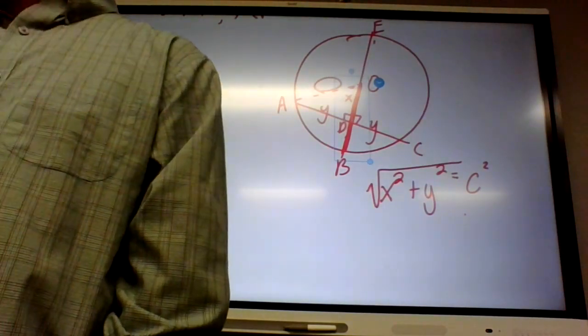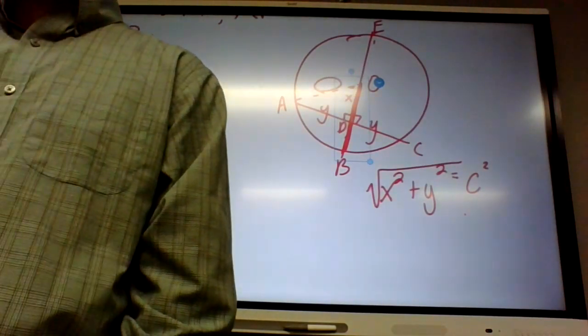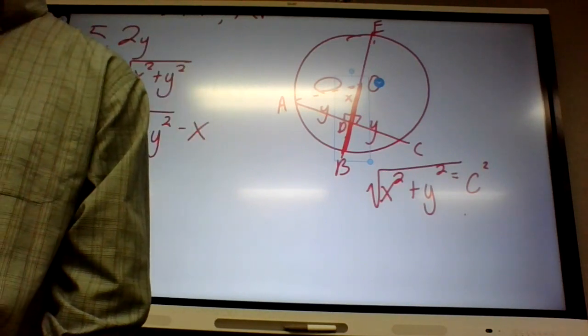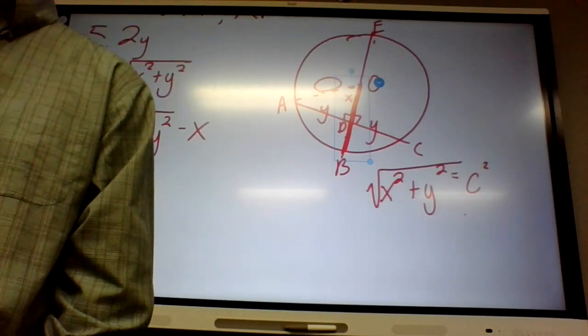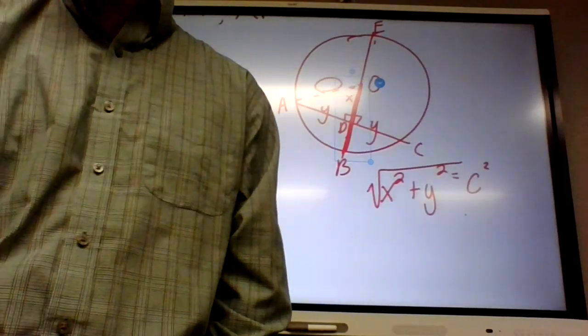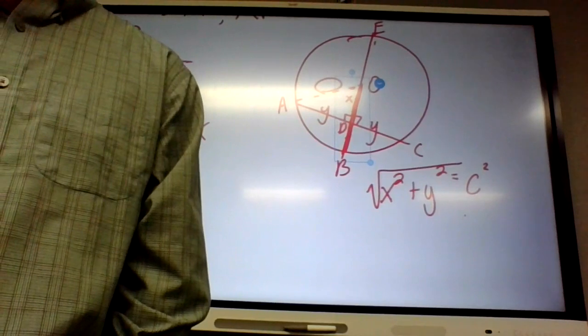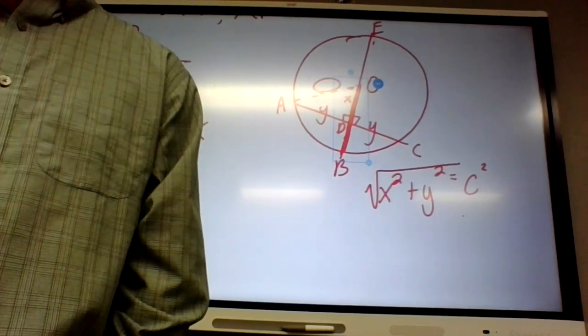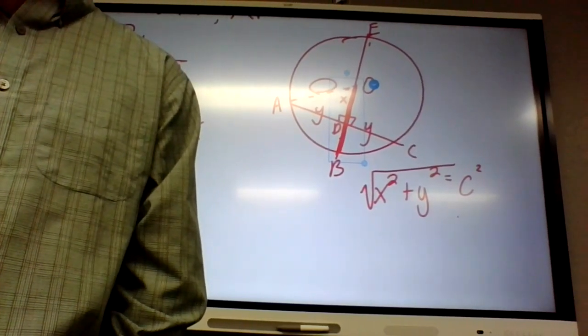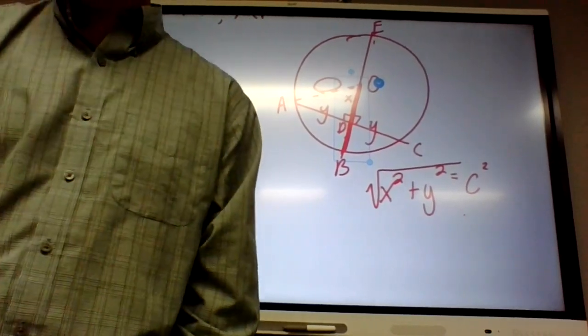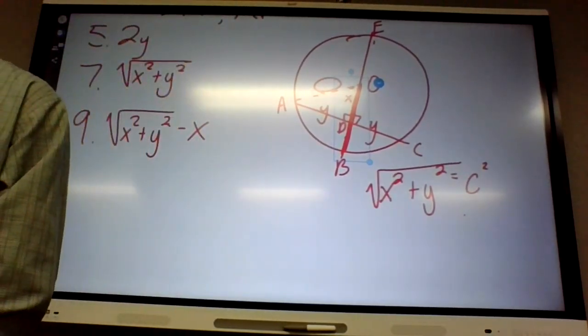Okay, 13. We'll go clockwise. Find AG. FI is 16. BE is 16. So if FI and BE are 16, do you guys know what we know?